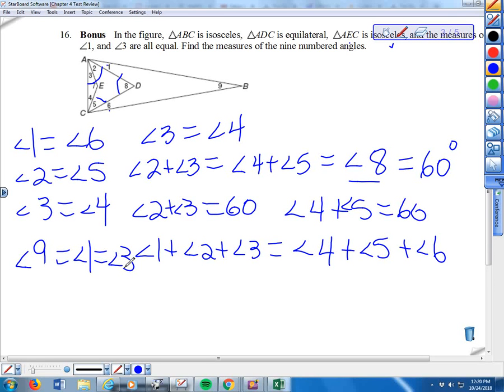Angles 9, 1, and 3 are all equal. Well, if I start here and look at the long triangle, I know angle 1 plus angle 2 plus angle 3 plus angle 4 plus angle 5 plus angle 6 plus angle 9 equals 180, right?